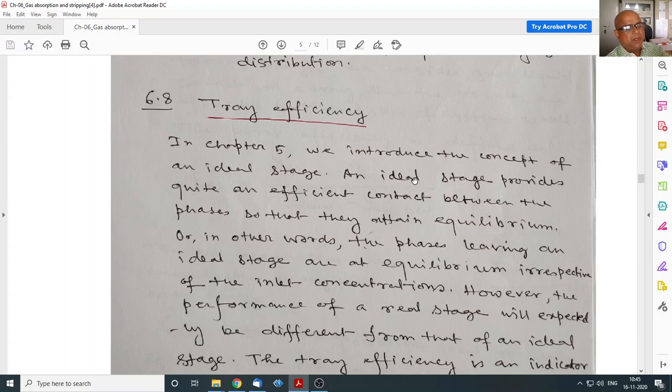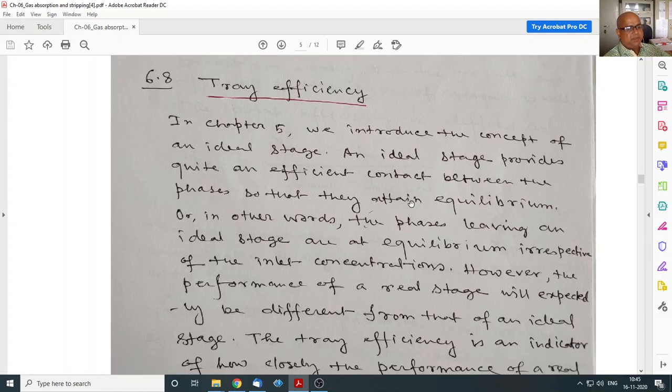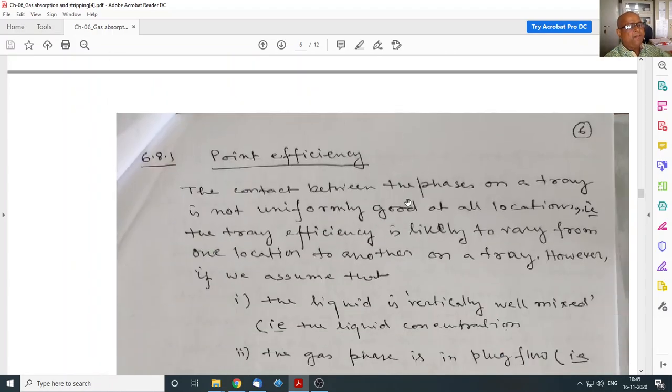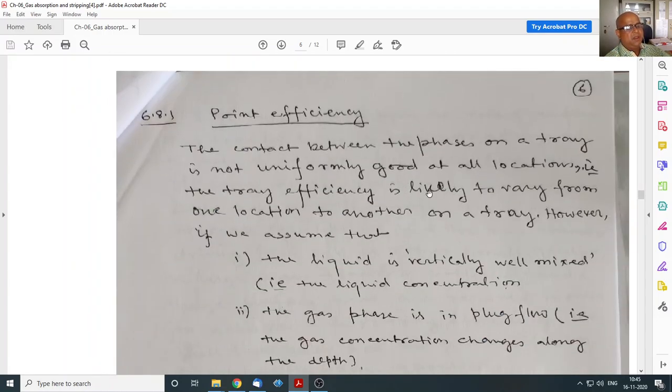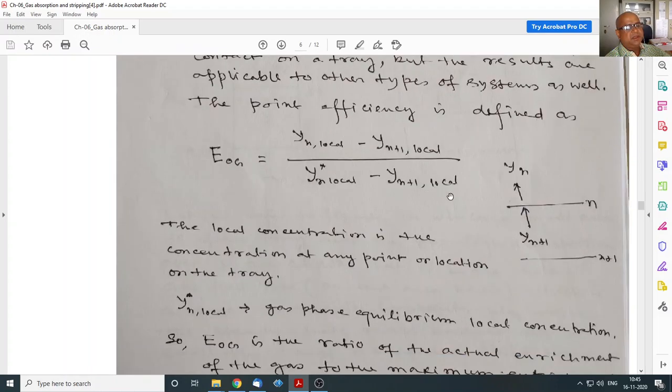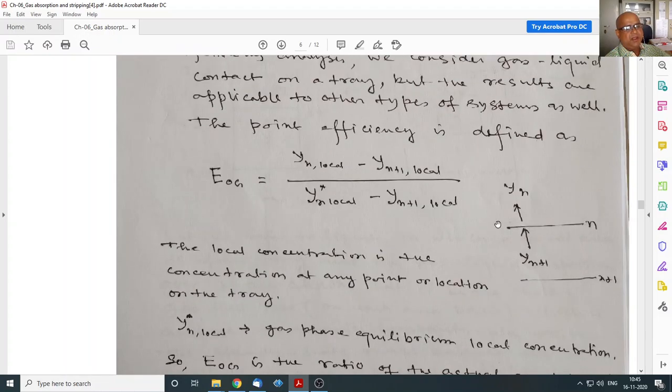But there are three types of tray efficiency. One is point efficiency. Point efficiency means, let's say there is a particular tray, the nth tray, so yn is coming in and yn is going out.